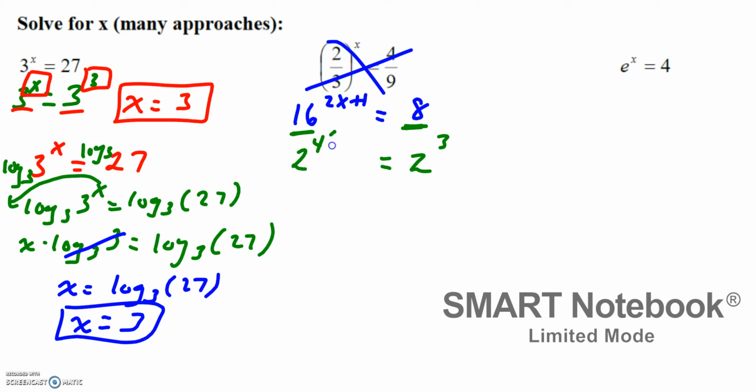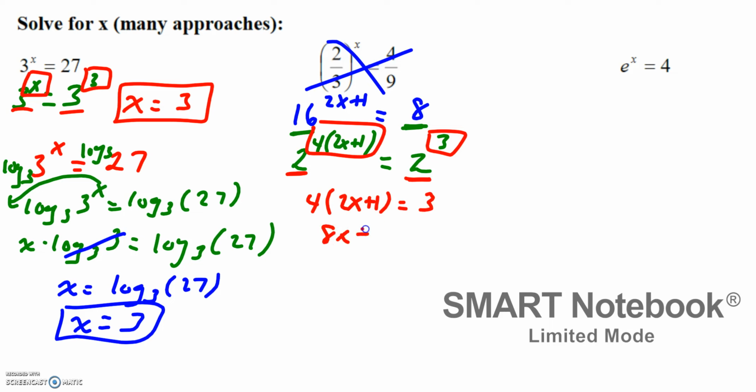But the 2x plus 1 is still there, so it would remain in the exponent position, and these exponents would multiply. Now that the bases are the same, the exponents must be equal. So we'd have a little mini equation. 4 times 2x plus 1 equals 3. So that would be 8x plus 4 equals 3. 8x equals negative 1. So my x value would have to be negative 1/8.